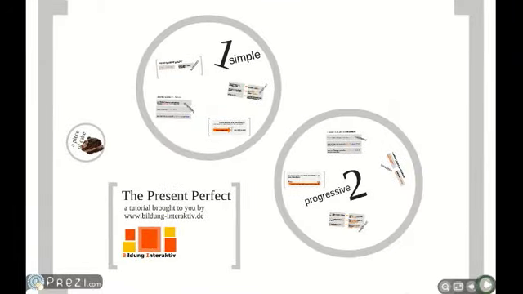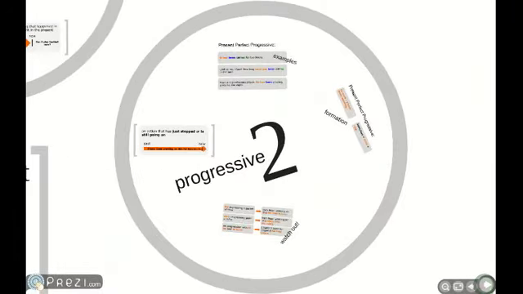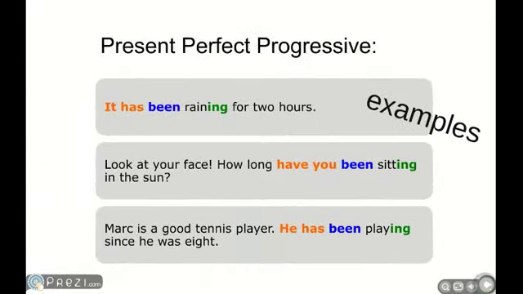So much for the simple present perfect, and let's move on to the present perfect progressive, and here also start with a couple of examples. And again, the examples are designed to give you a feeling of when we use the present perfect progressive, so please read with me. First one, it has been raining for 2 hours. The second one, look at your face.